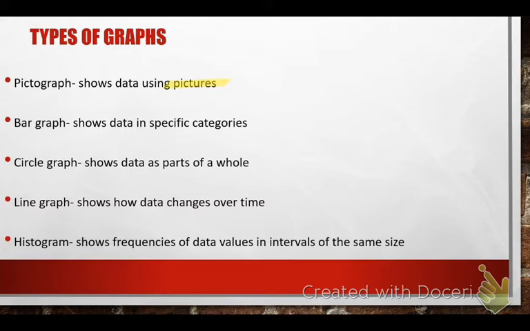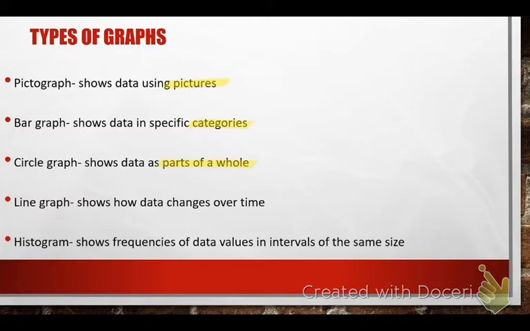So a pictograph would be pictures, okay? Shows data using pictures. A bar graph shows data in specific categories. Circle graphs show parts of a whole out of a total, population of students or whatnot.